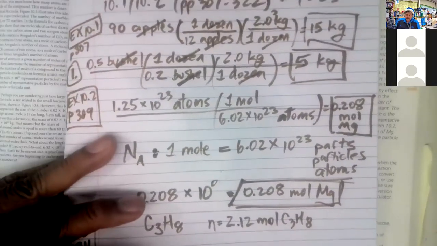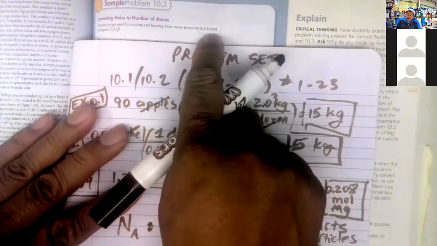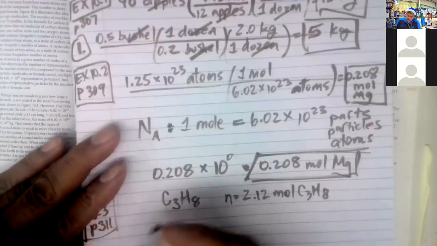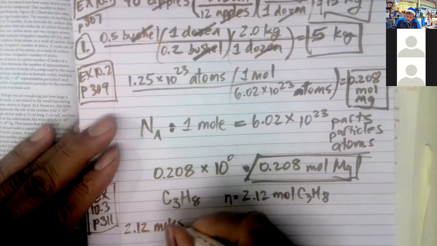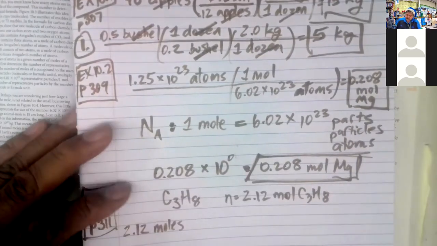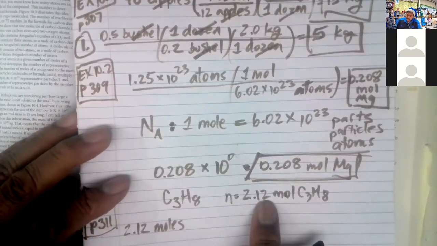Because that's what our question was hinting at. How many atoms are there in that many moles? Okay, so I have that many moles. That's what I'm starting with. And there it is again. I have 2.12 moles of propane.